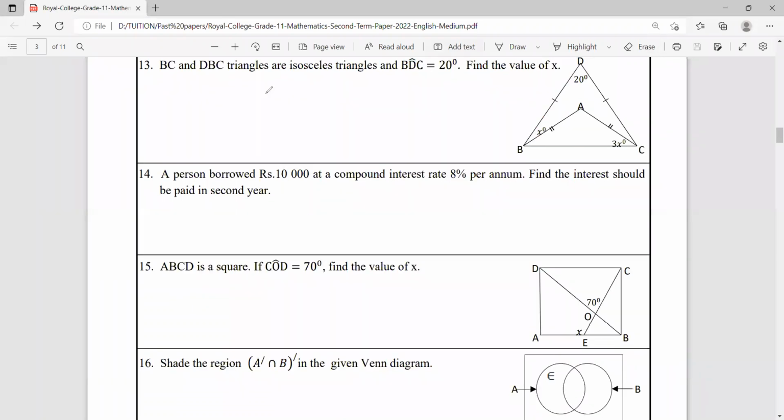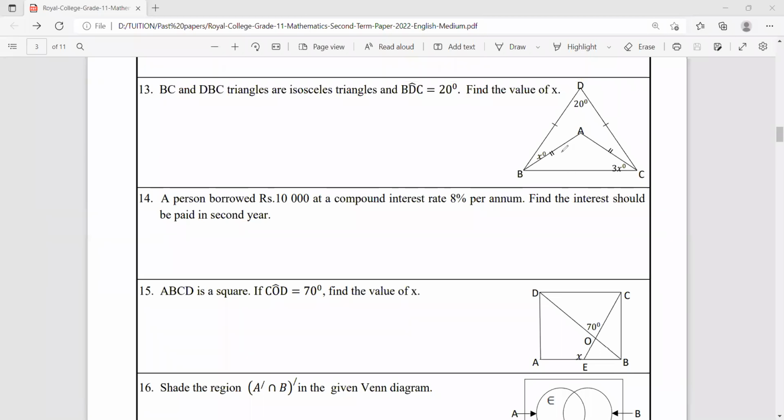And we'll see this one. This is a geometry question, right? So you have to take the triangles ABC and DBC.